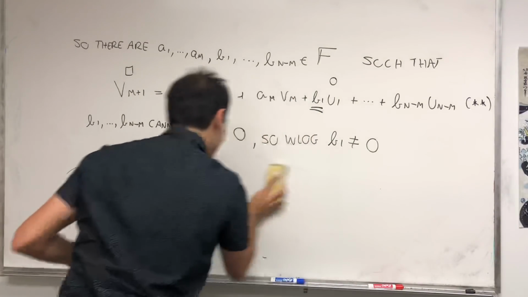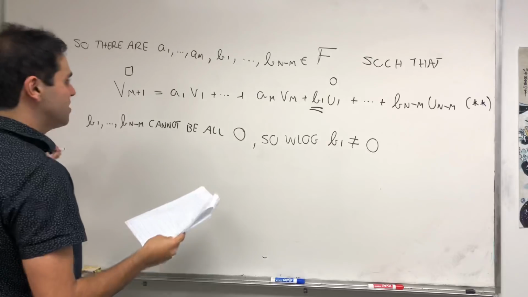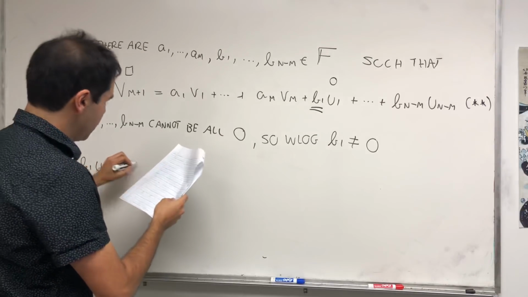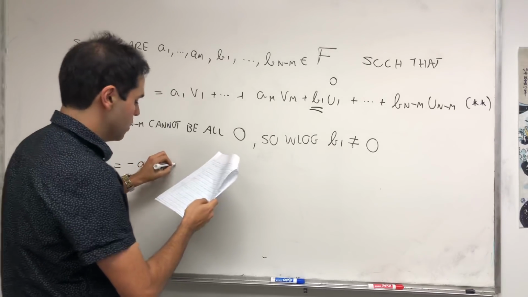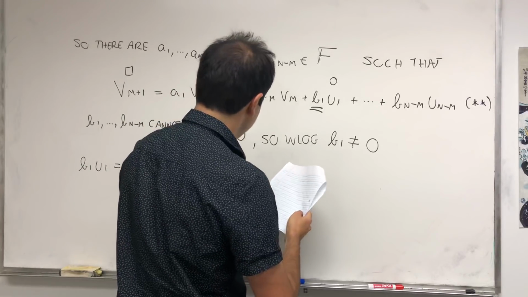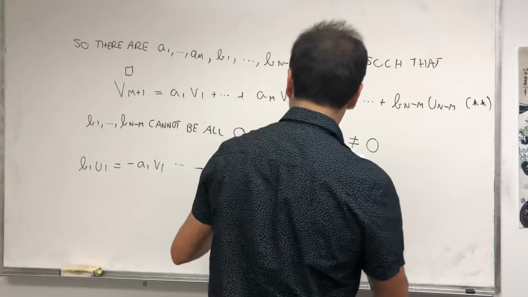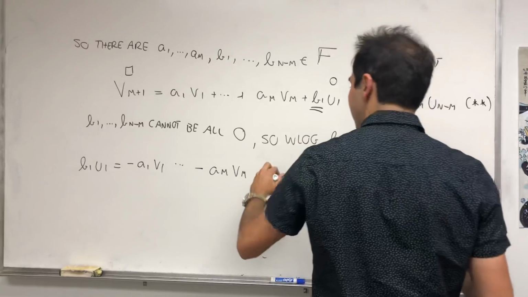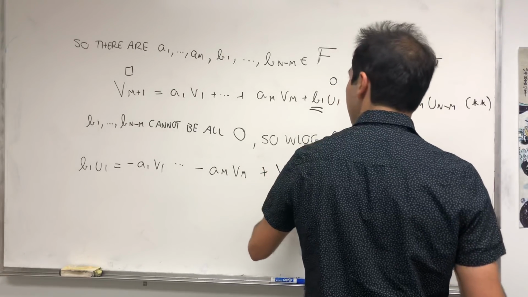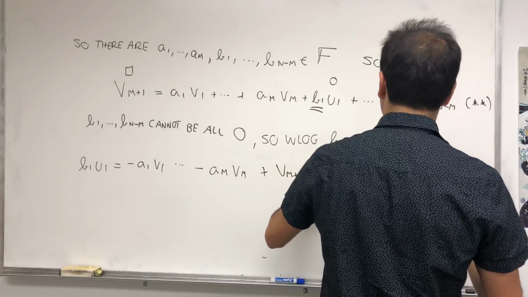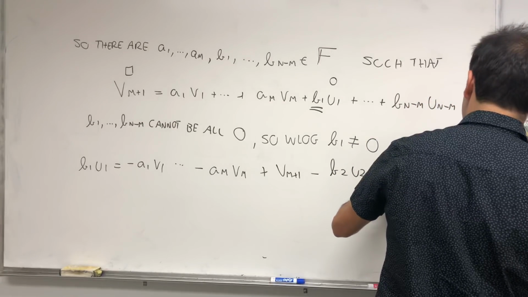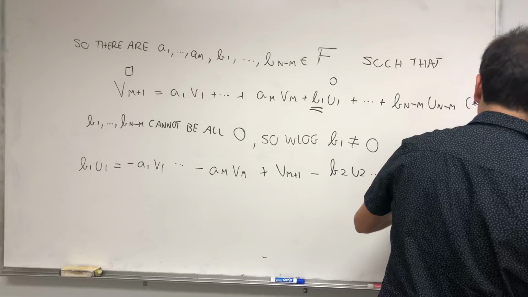So this is where the replacement part comes in. We then have that B1 U1 is minus A1 V1 dot dot dot minus Am Vm, plus V_{m+1} minus B2 U2 dot dot dot minus B_{n-m} U_{n-m}.